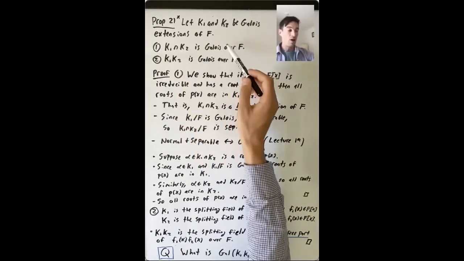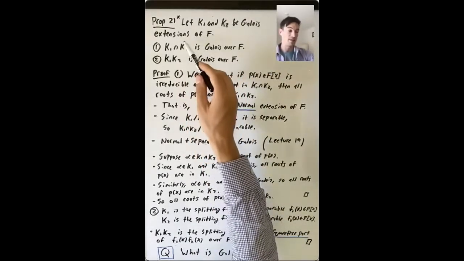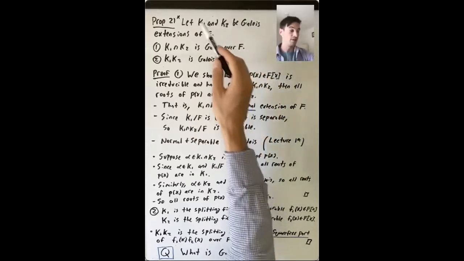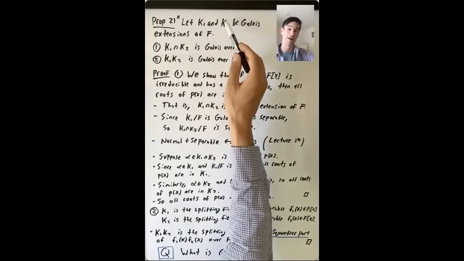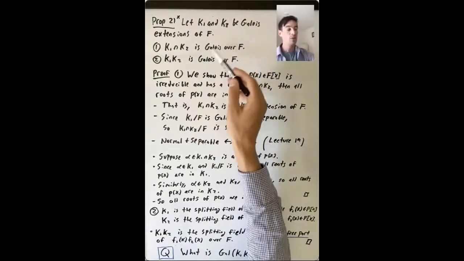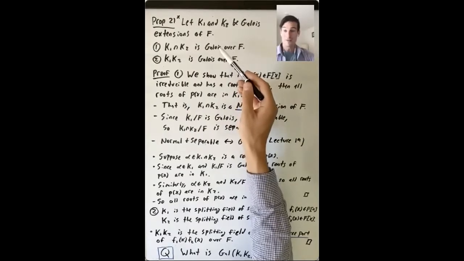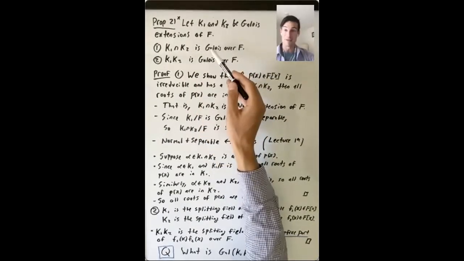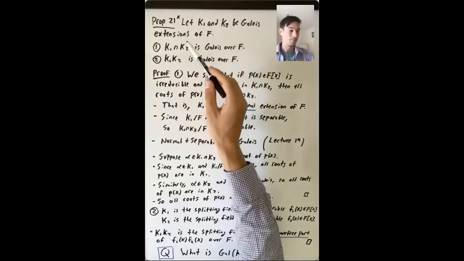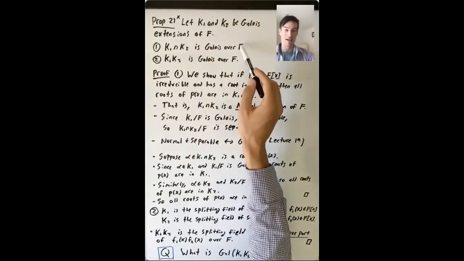What is the Galois group of K1 intersect K2 over F in terms of the Galois groups of K1 over F and K2 over F? Well, the fundamental theorem of Galois theory tells us about that. K1 over F is Galois.